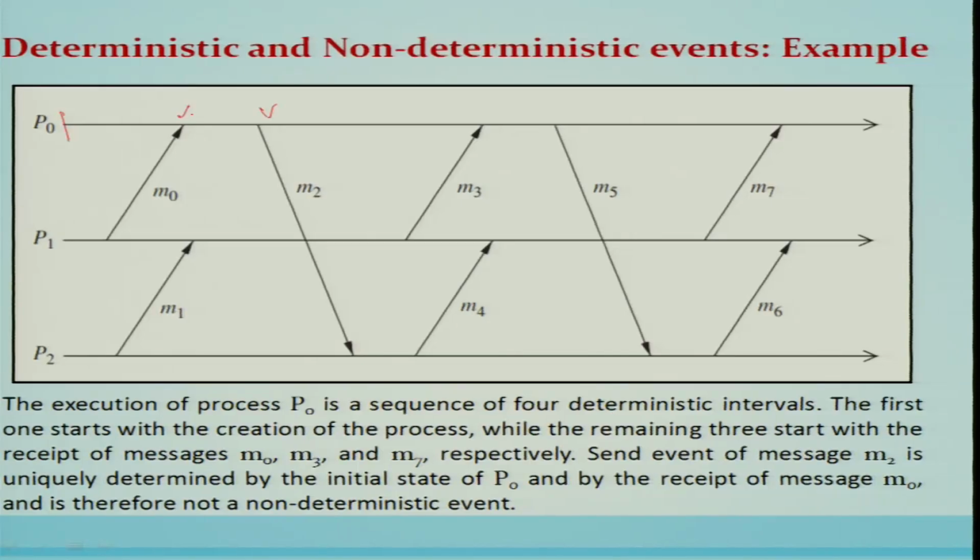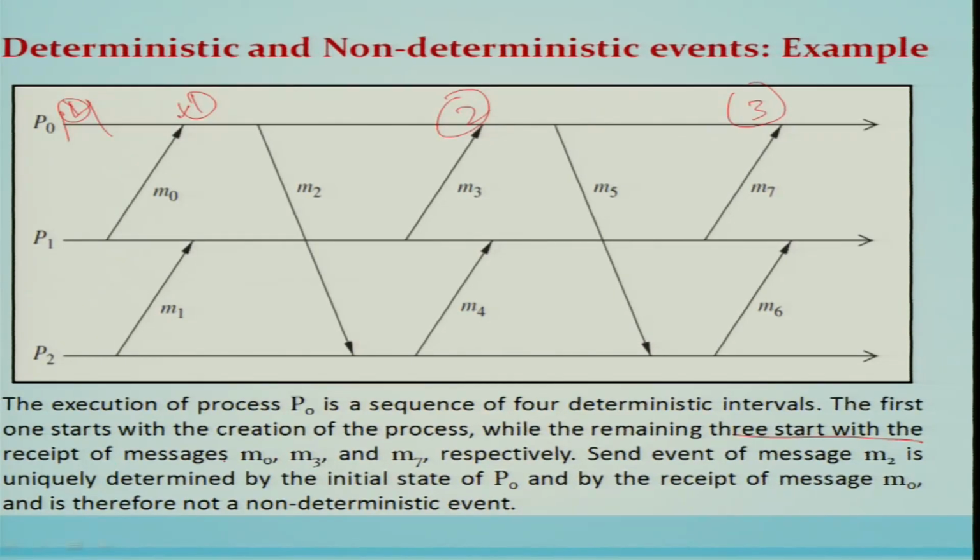This is deterministic event 1, this is deterministic event 2, and this is deterministic event 3, and this is 4. The first one starts with the creation of a process, while the remaining 3 start with the receipt of a message. This is 1, this is 2, this is 3, and this is 4.